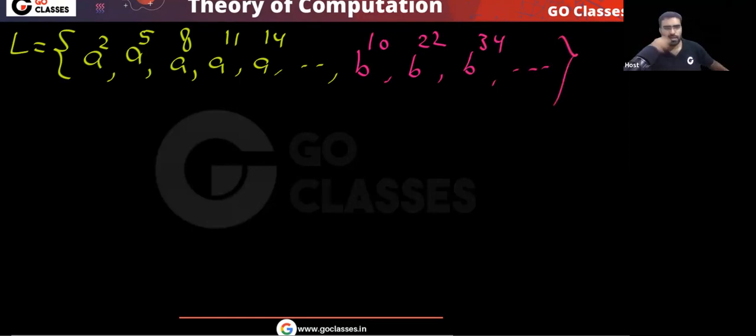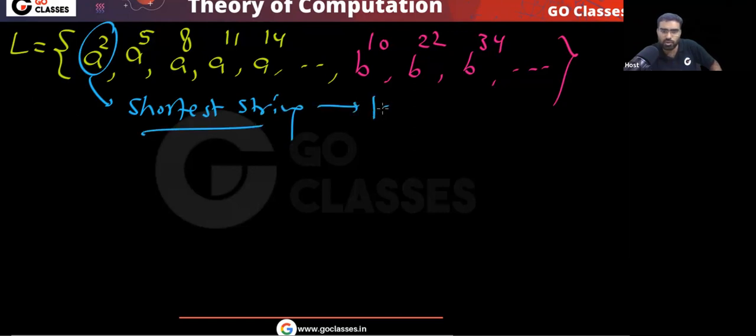Now tell me, a lot of hit and trial we have to do. Yes or no? So tell me, first of all, from where you will start? First of all, tell me the starting point. You know, this is the shortest string.